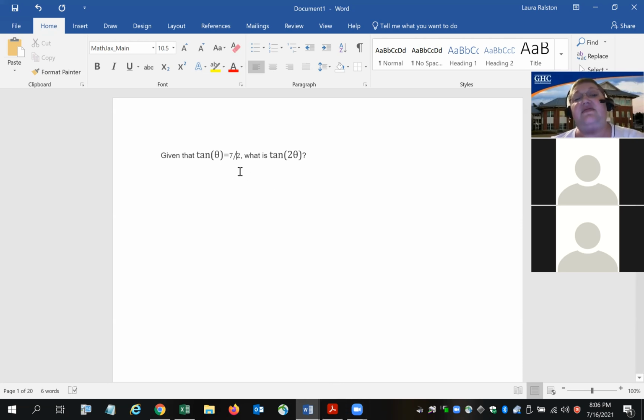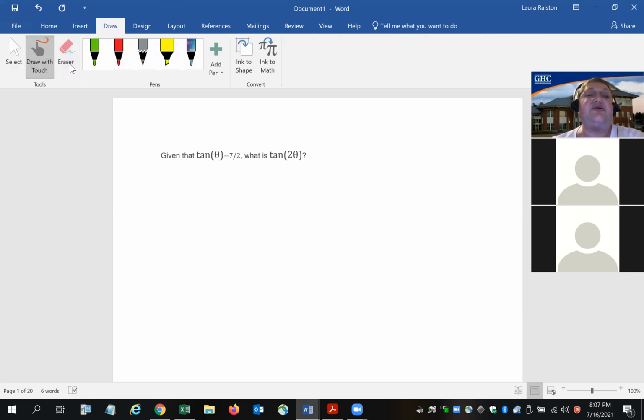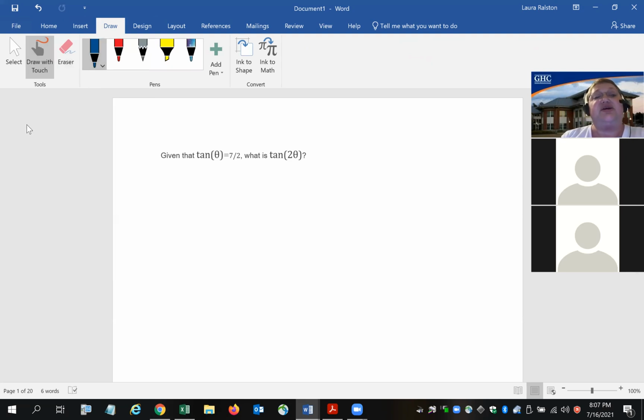So again, it's not overly obvious perhaps to you that we're doing a double angle, but the clue here that you're doing a double angle is that this is 2 times theta. Pretty much anytime you see 2 theta, whether it's sine or cosine or tangent, that's kind of the clue that you're going to do the double angle.